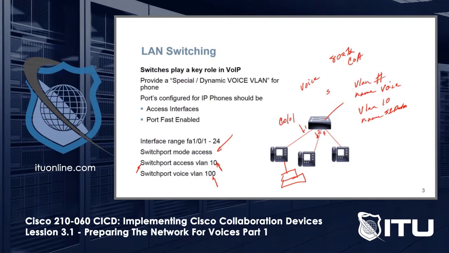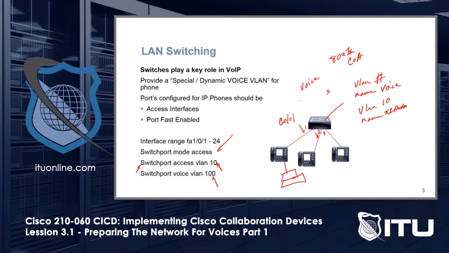And basically, whenever the phone identifies itself as a Cisco phone to the authentication server, then it comes back and tells the switch, hey, that's a phone, put it on this VLAN. So that's another way phones can identify which VLAN is their voice VLAN, right?